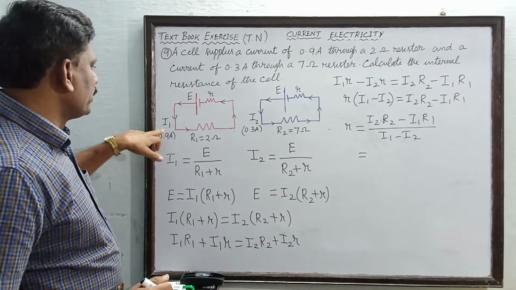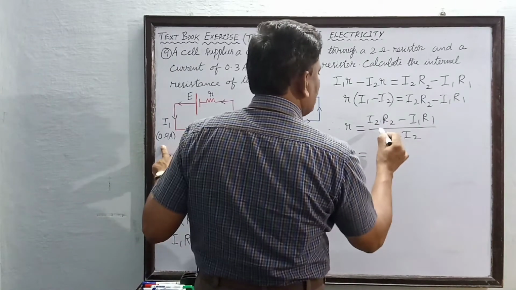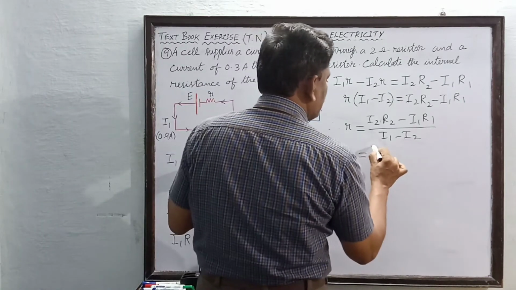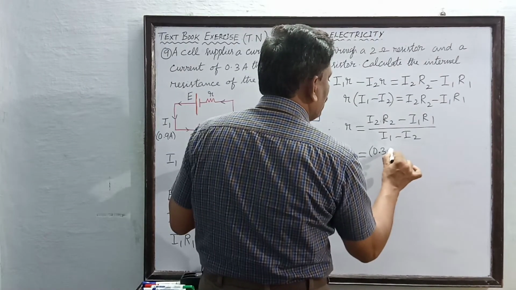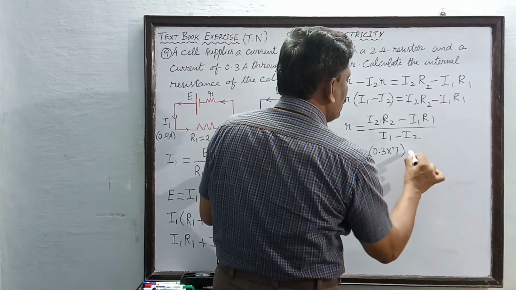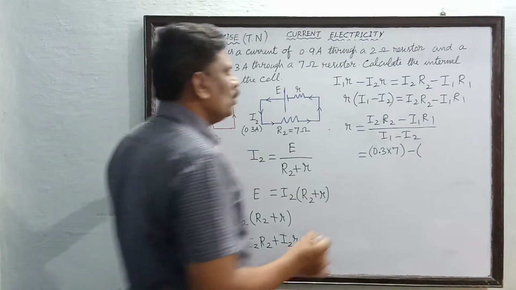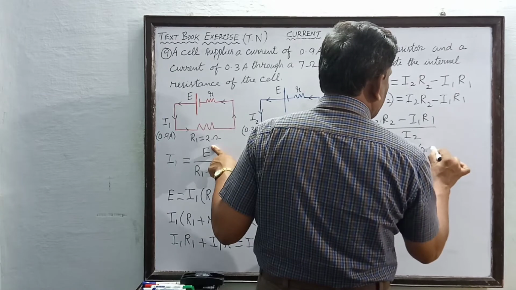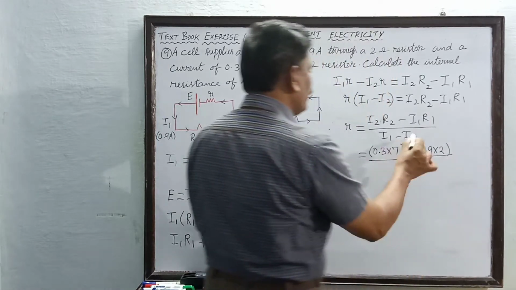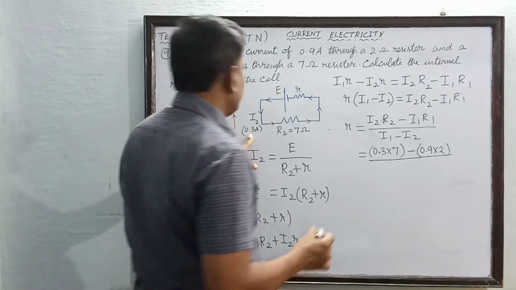I1 is 0.9 ampere. The first term is I2 into R2, where I2 is 0.3 and R2 is 7 ohm, minus I1 into R1, where I1 is 0.9 and R1 is 2, divided by I1 minus I2, that is 0.9 minus 0.3.